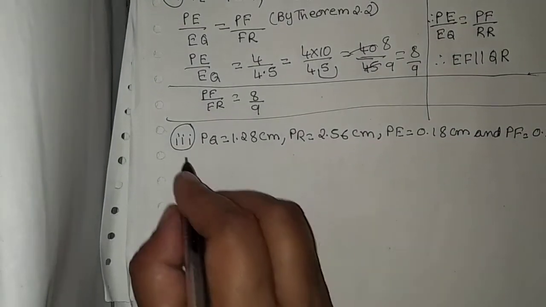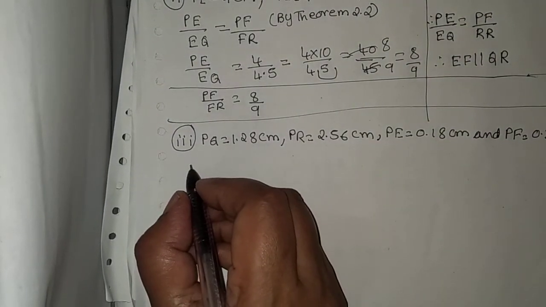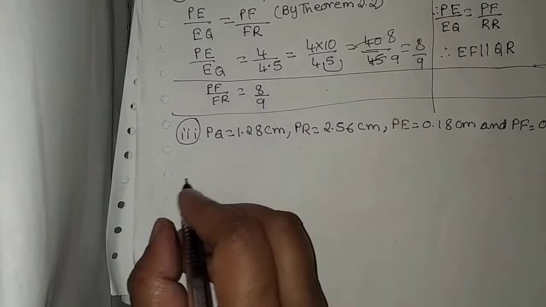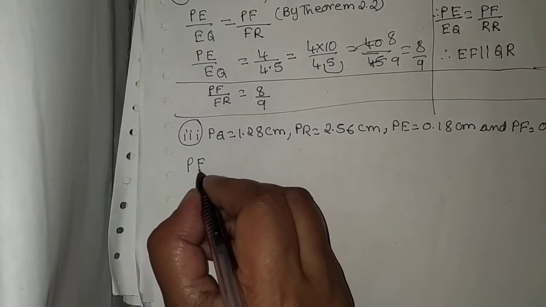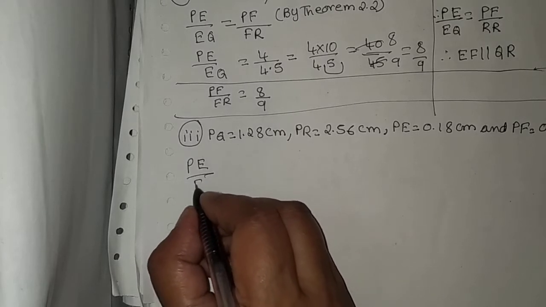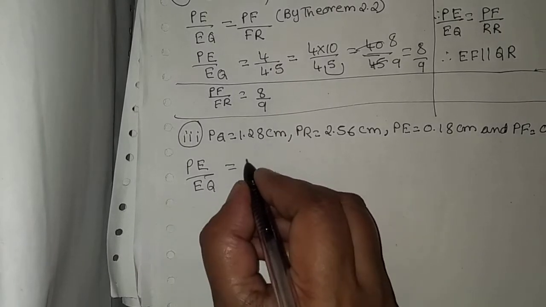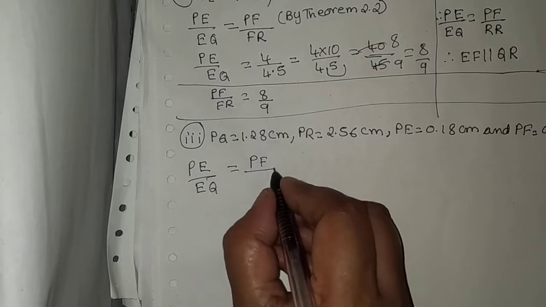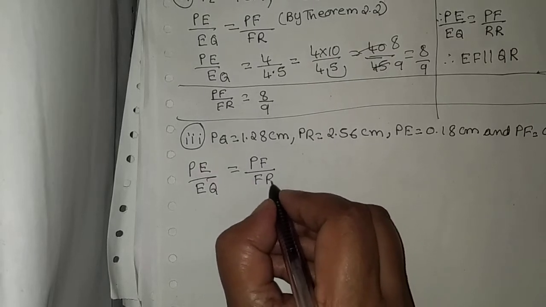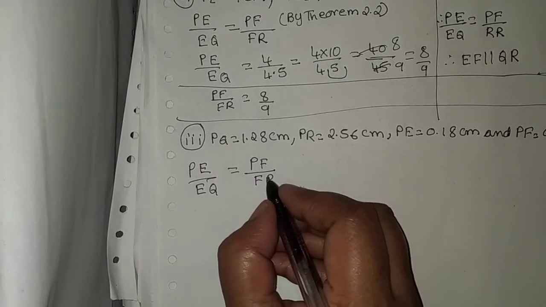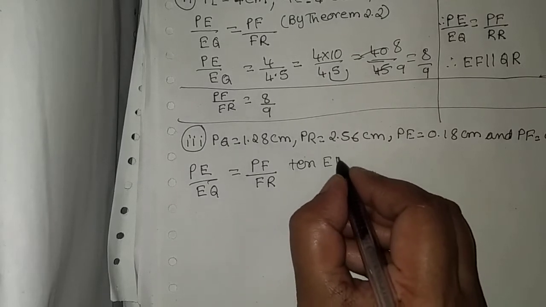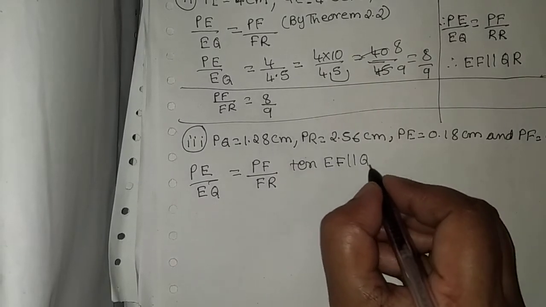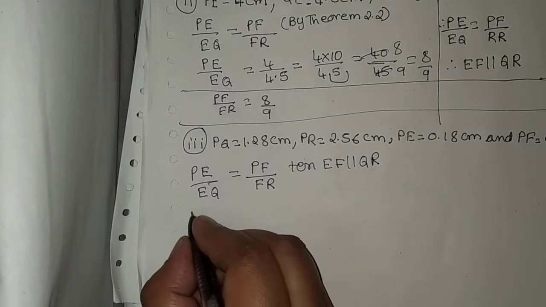Now we move on to the third subproblem. The data given is as follows. The same we have to write as above: PE by EQ equal to PF by FR. Then we have to find out whether EF is parallel to QR.